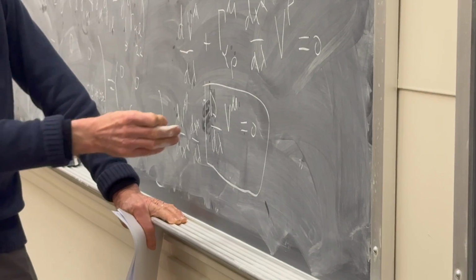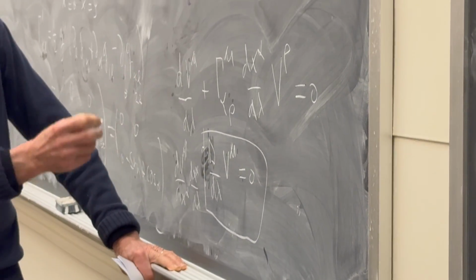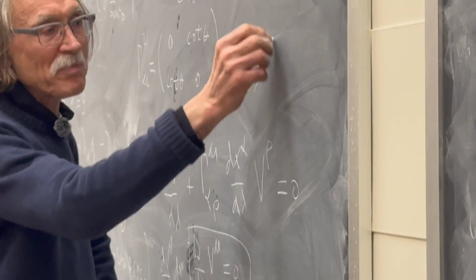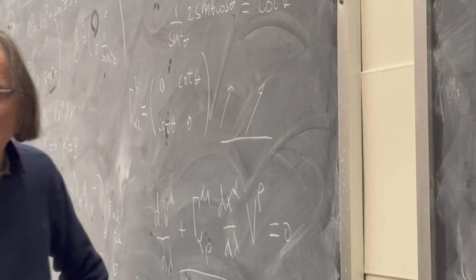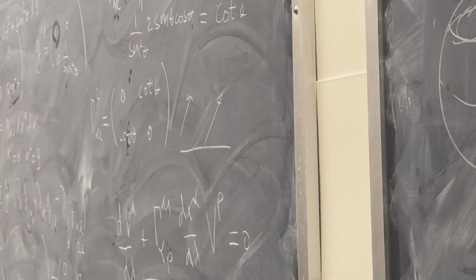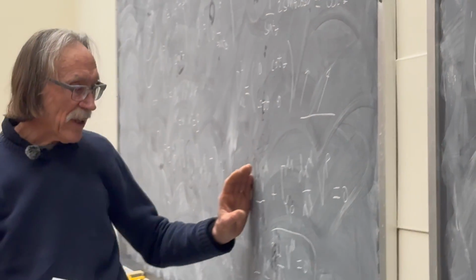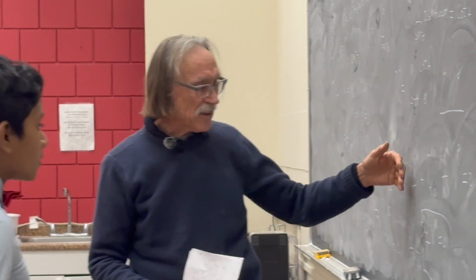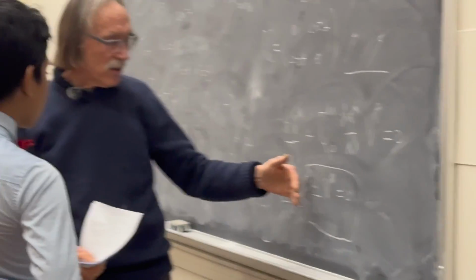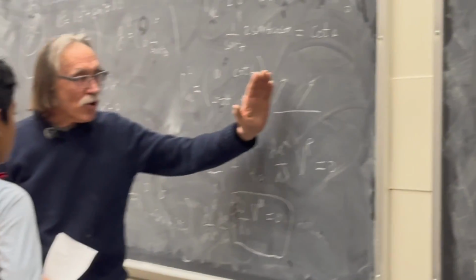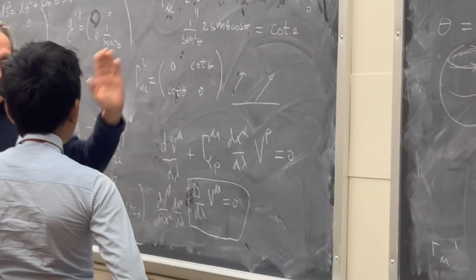Parallel transport on flat space means the vector stays parallel and nothing happens. So that means if you do a normal derivative, it stays 0 because it stays constant.